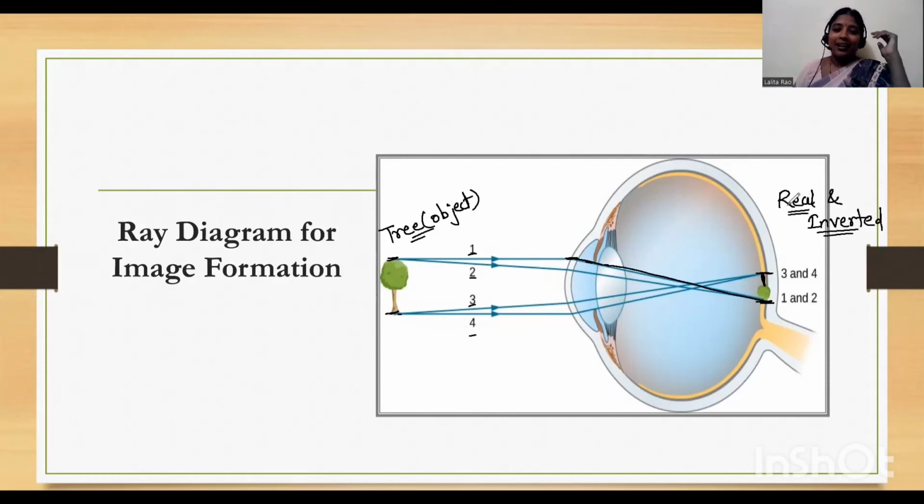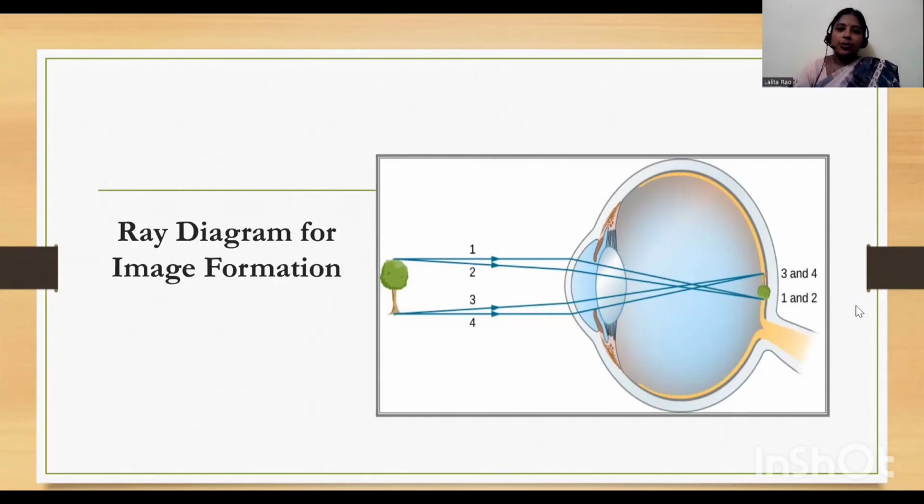And this real and inverted image converts into signals, and then those signals go to the brain through the optic nerve, and then the brain helps us to see the objects as straight. Okay, clear? So in this way, the image formation takes place in the case of the human eye.